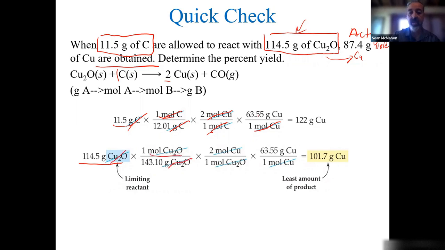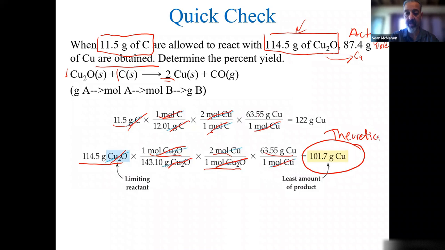So in 1 mole of copper 1 oxide, there's 143.10 grams. Then I use the mole ratio. 1 mole of copper 1 oxide gives me 2 moles of copper. And then I do 1 mole, 63.55 grams. And what I see, the smaller amount is 101.7 grams of copper. So this is my theoretical yield.